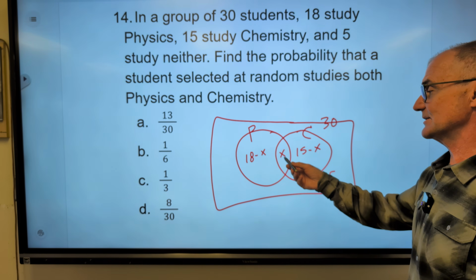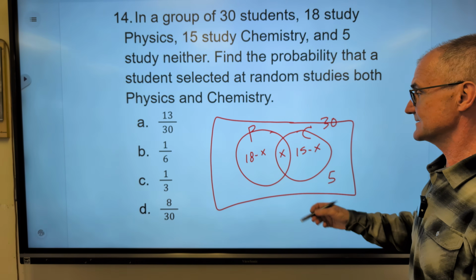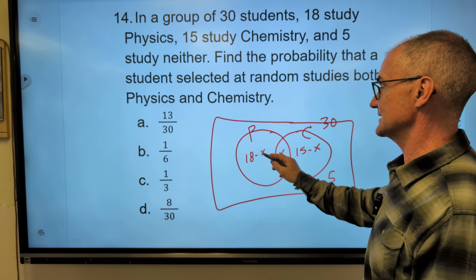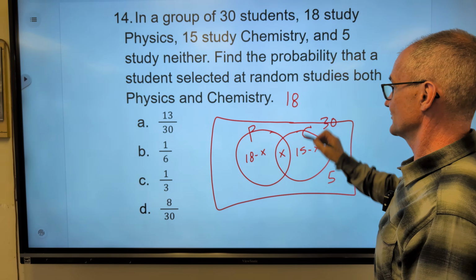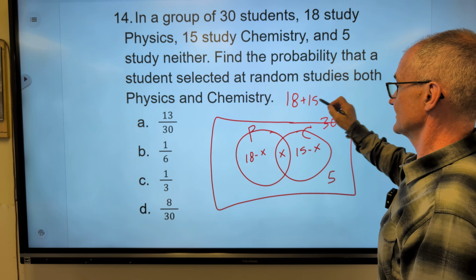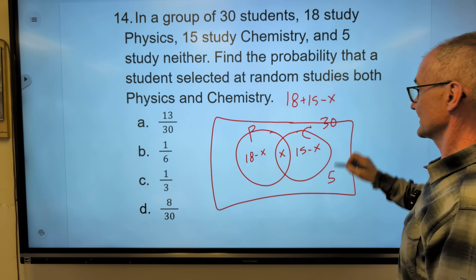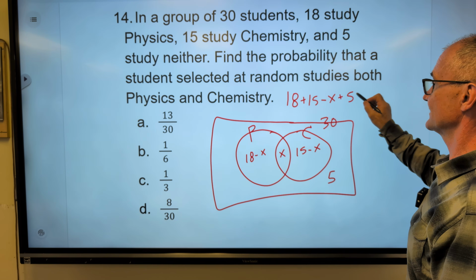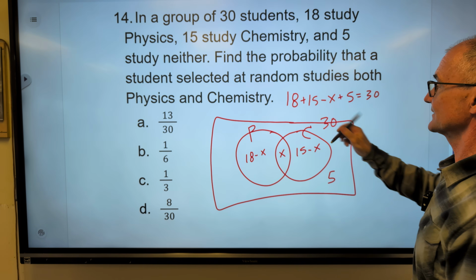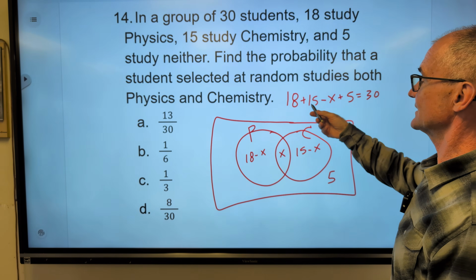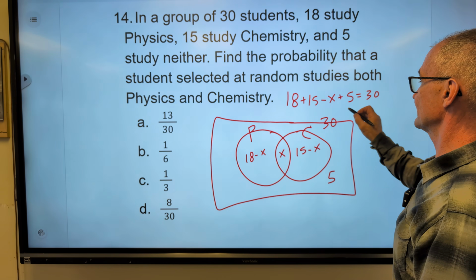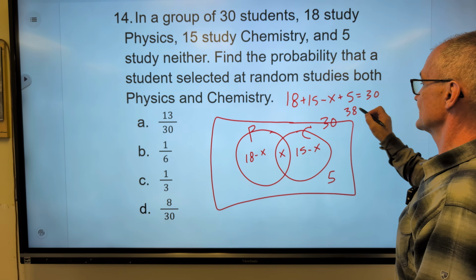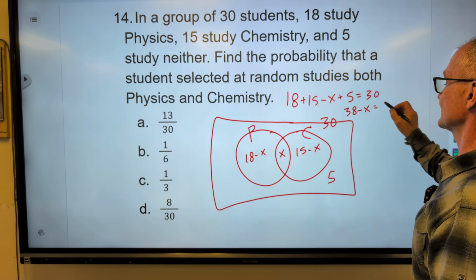Well, that means we want to figure out what x is. I have 18 minus x plus x. That's just 18 plus 15 minus x plus 5 equals 30. 18 plus 15, 33, plus 5, 38, minus that x equals 30.